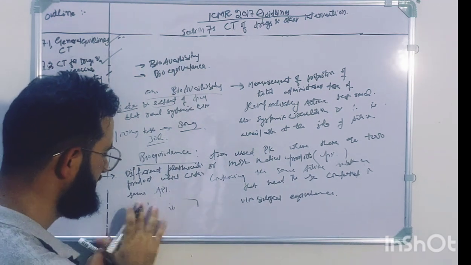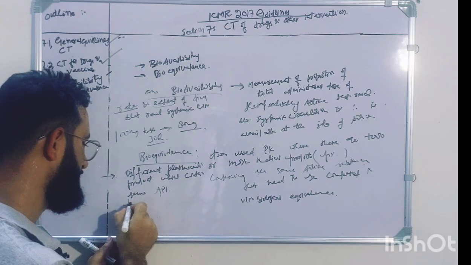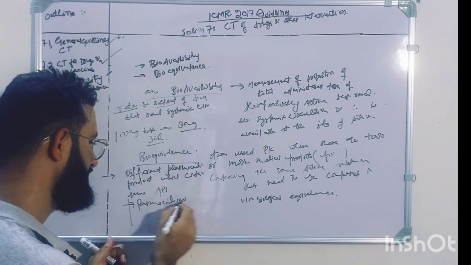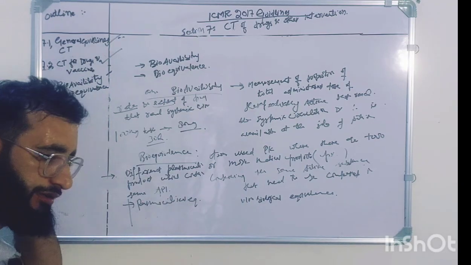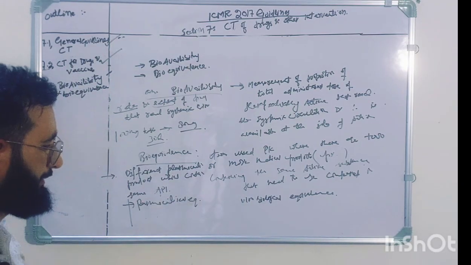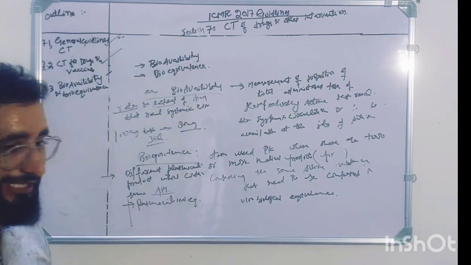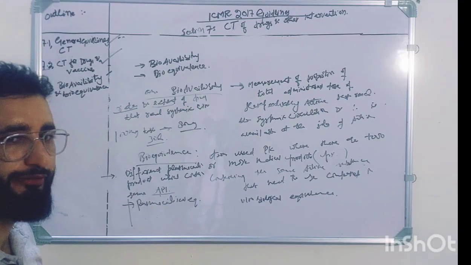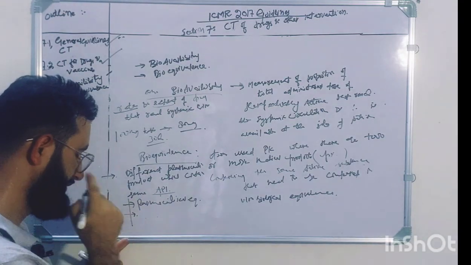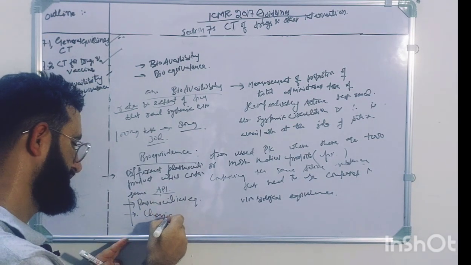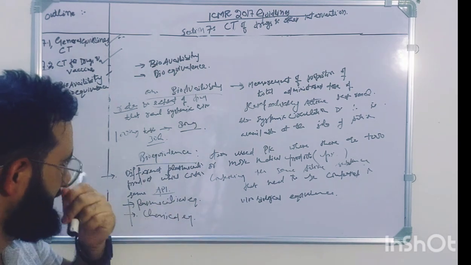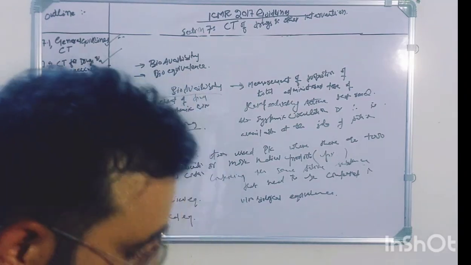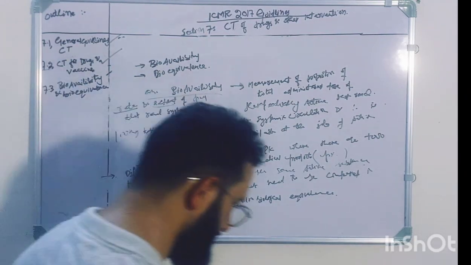These bioequivalents can be of different types, like pharmaceutical equivalent, where everything is the same, the preparation, the active pharmaceutical ingredient and the excipients, but the brands are different. Then we have chemical equivalent. We know all about these things, so we don't have to discuss them. We will follow what the guidelines say for bioavailability and bioequivalence studies.